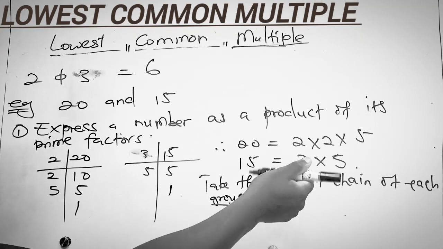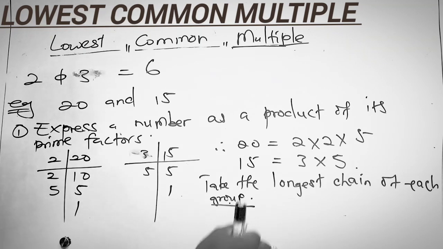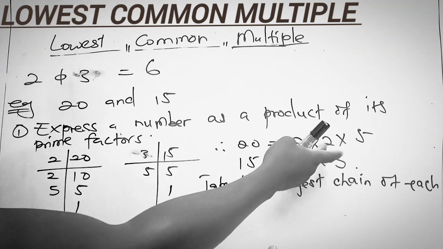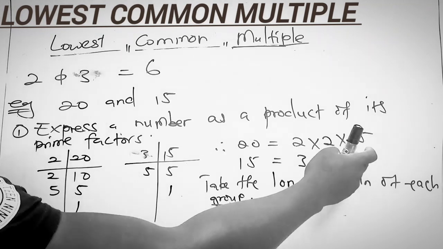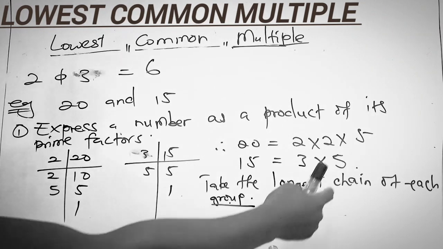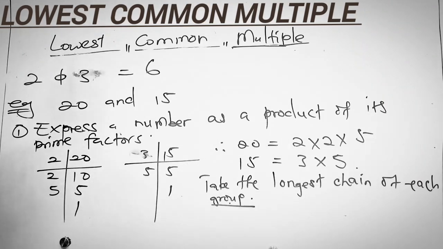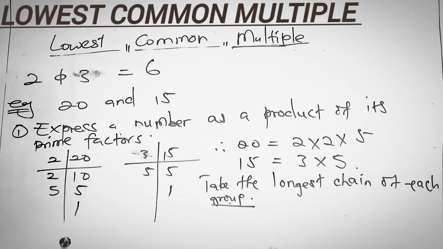This group, I mean, it's either a group of 2s, group of 3s, or group of 5s. It doesn't matter where it is. If you see the longest chain here, you take it there. If we have a short chain of 2 here, then you don't take the short one, you take the longest one. Then for groups of 5, you take the longest chain of 5. Group of 3, longest chain of 3.